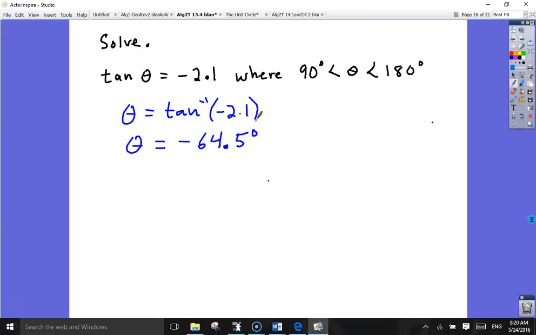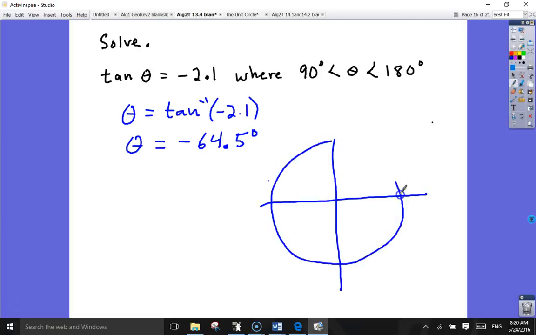Okay, so again, draw my circle again. Negative 64.5 would be in this quadrant here, about right there. Negative 64.5 degrees. Okay, but we're supposed to give an answer in between 90 and 180, which is over here.